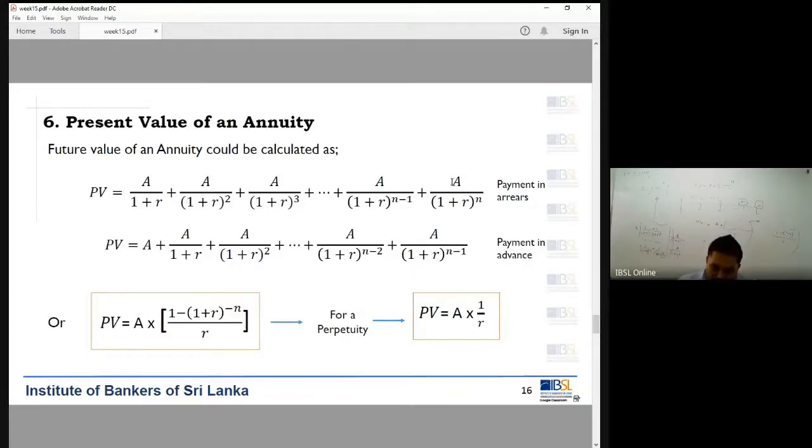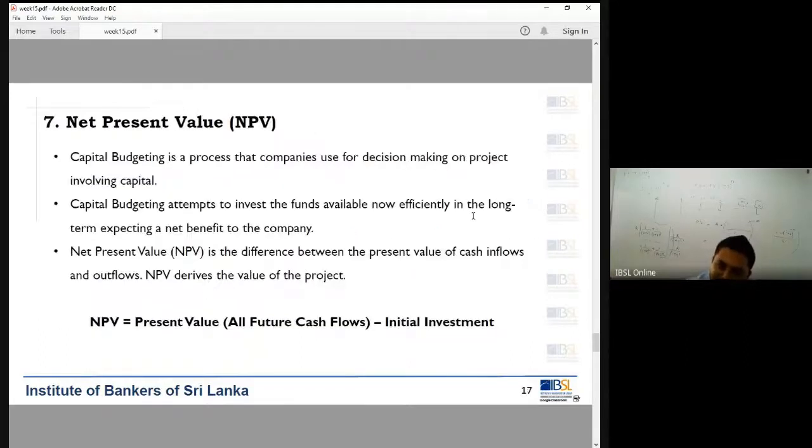Okay, now we are moving to the last part of our discussion, that is the net present value, or the core of this subject area, where you can see plenty of discussions at the examination. So this NPV concept, the net present value concept, is nothing but the same thing that we discussed on the present value.